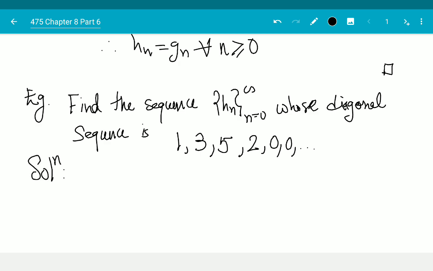Let us look at the sequence 1, 3, 5, 2, 0, 0, 0, dot, dot, dot.